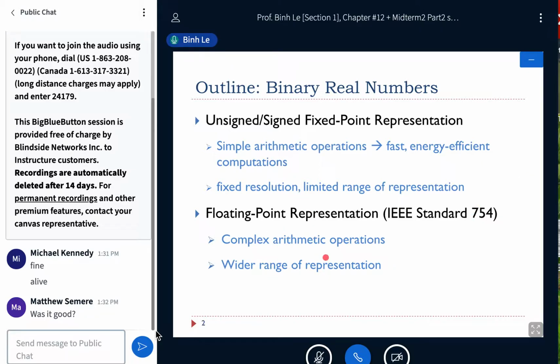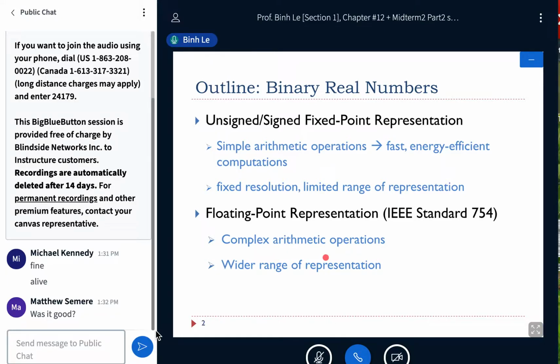For fixed point representation, the calculation is very simple, like integer. But floating point is slower and consumes more power. For example, in my machine learning research at Stanford, we did tons of calculation, and if you don't pick the right representation, the power consumption will be a lot more.